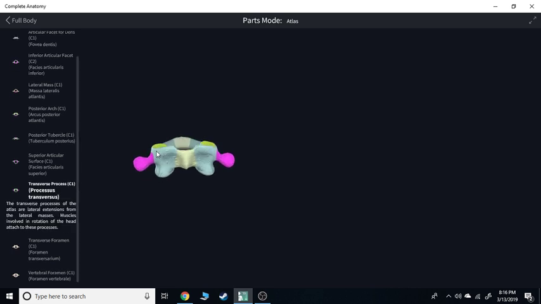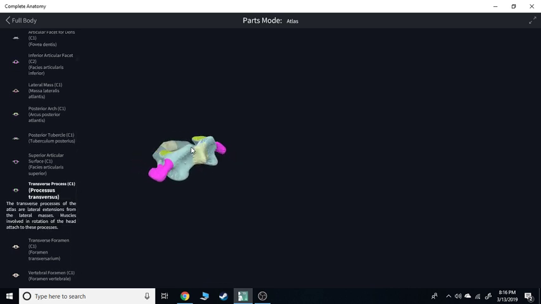Here we have the transverse process for atlas. Remember the transverse process for axis and the other cervical vertebrae. This one's just a little bit smaller and has a little bit more of an edge pointing out.